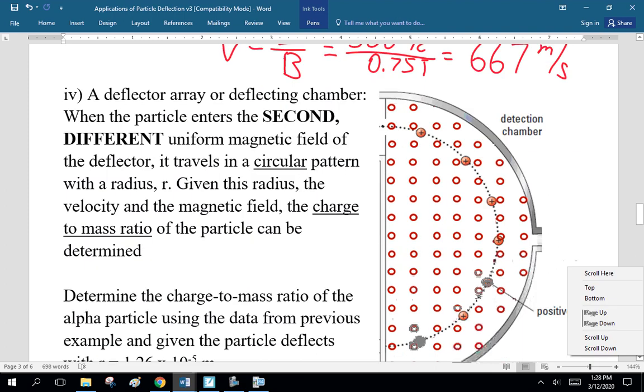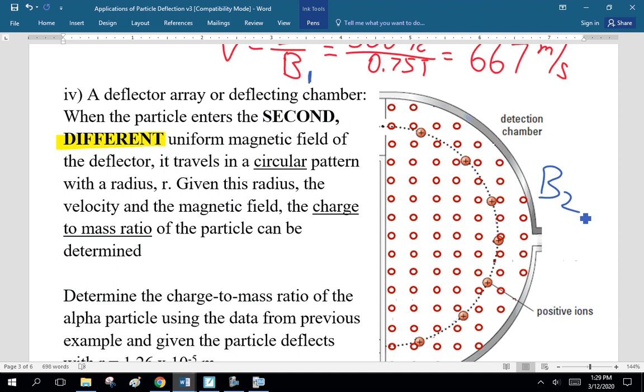Now, the next thing is a deflector array or deflecting chamber. I want to stress this here. Particles enter a second, different uniform magnetic field. So there's two magnetic fields here. There's the first one in the velocity selector, and then there is the second one in the detection chamber. If you don't read the question carefully, you might miss one of the magnetic fields. And guess what?